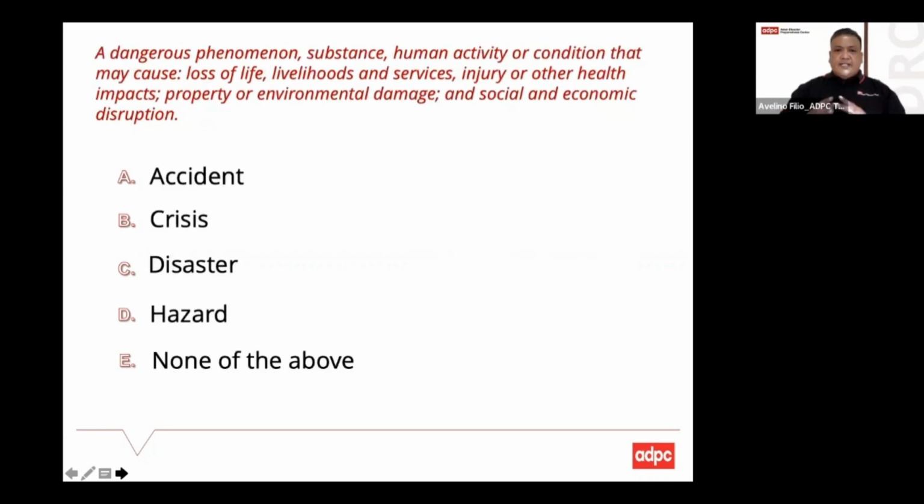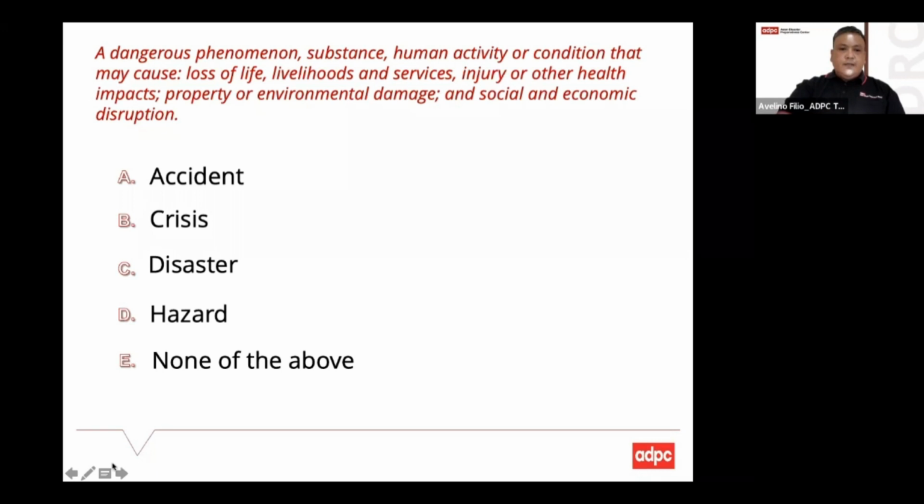Next, it is a dangerous phenomenon, substance, human activity, or condition that may cause loss of lives, livelihood, services, injuries, and other health impacts, damage and loss in properties, socioeconomic disruption. So what is that? Accident, crisis, disaster, hazard, or none of the above. I'll just give you 5 seconds.